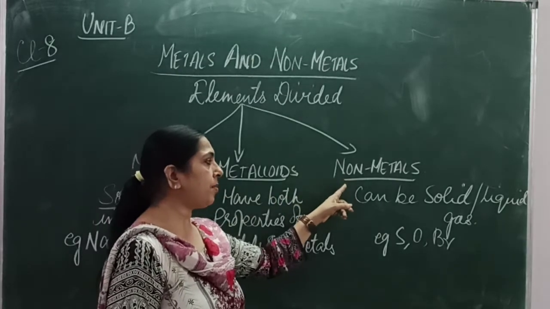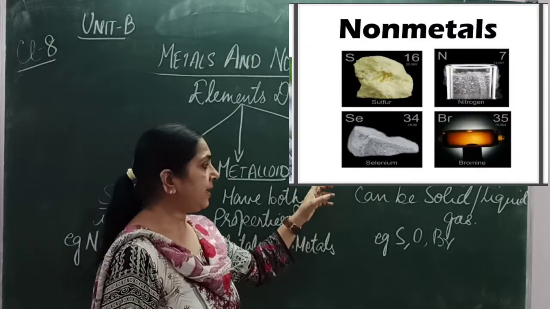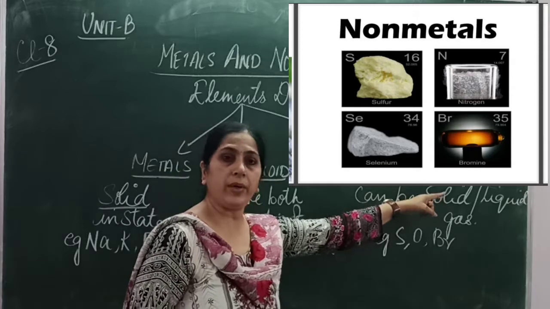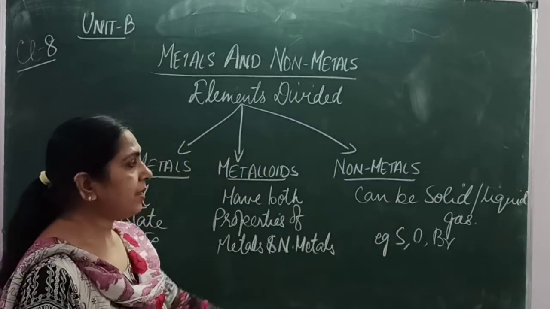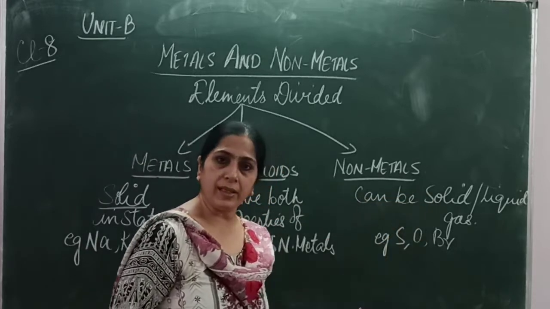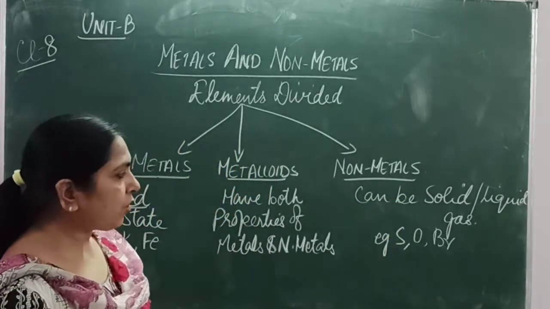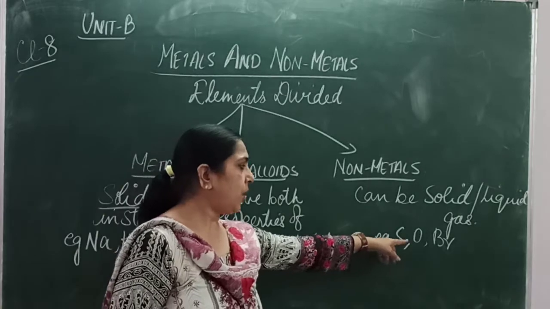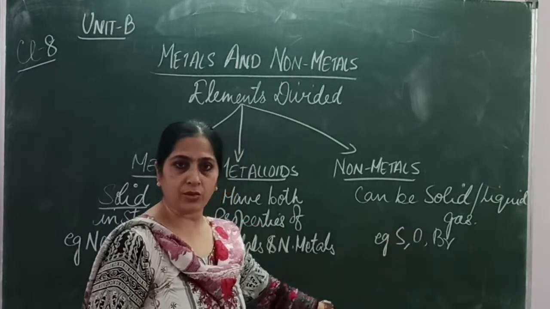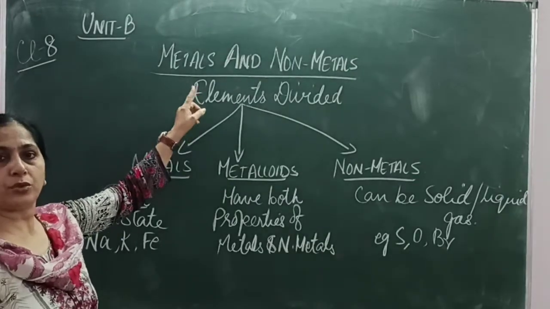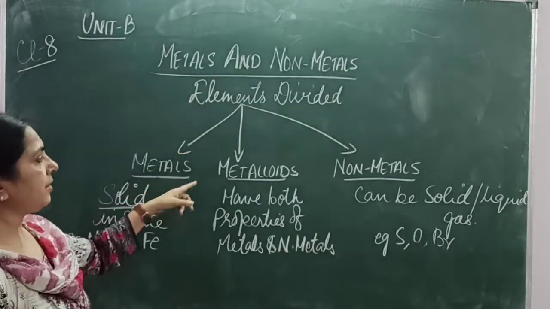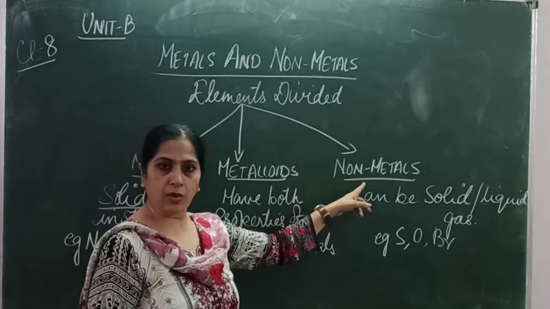Non-metals can be in the state of solid, liquid, or gas. Some common examples are sulfur, oxygen, bromine, etc. So what I have told you is that elements can be divided into three categories: the metals, the metalloids, and the non-metals.